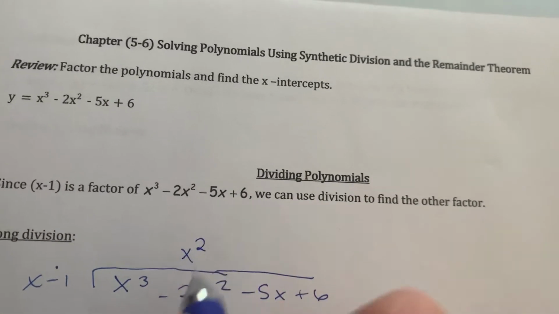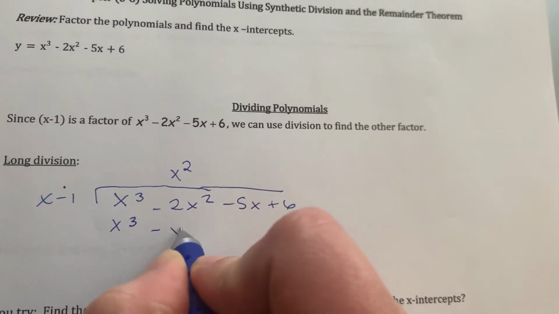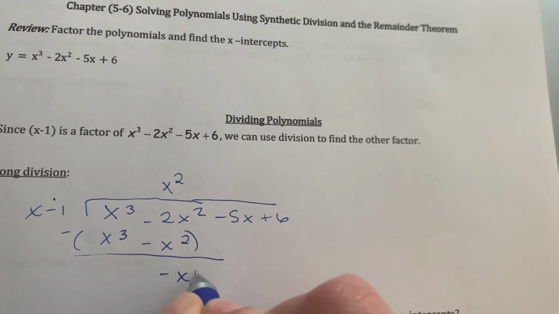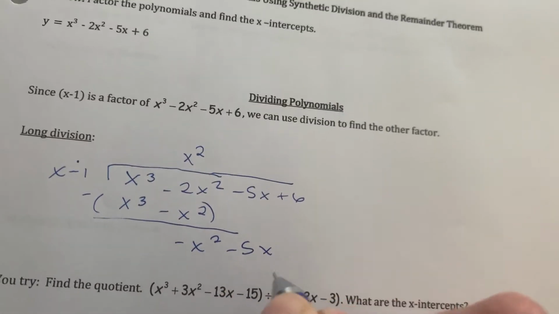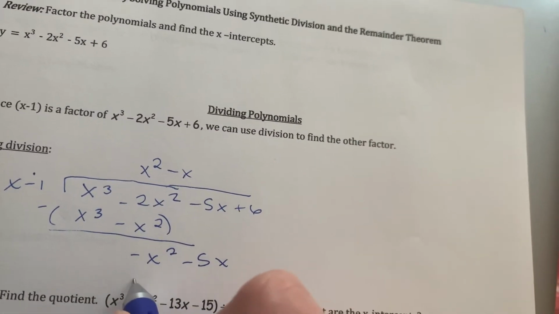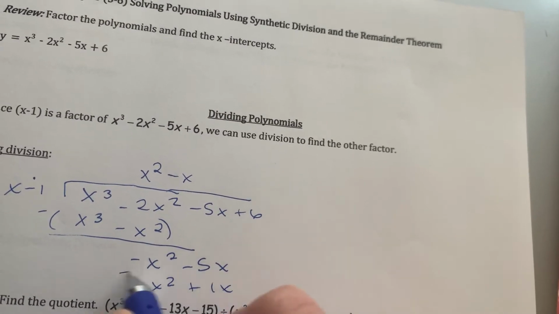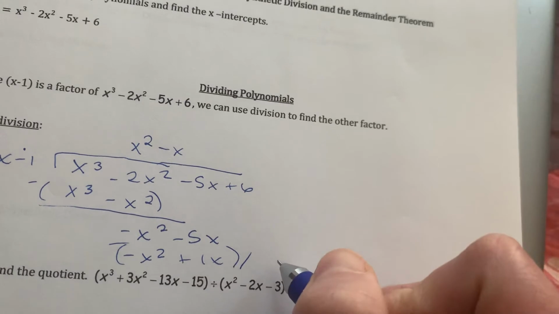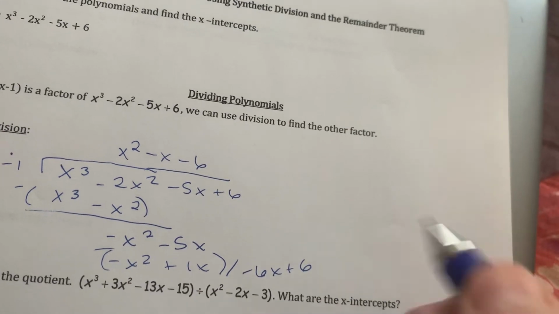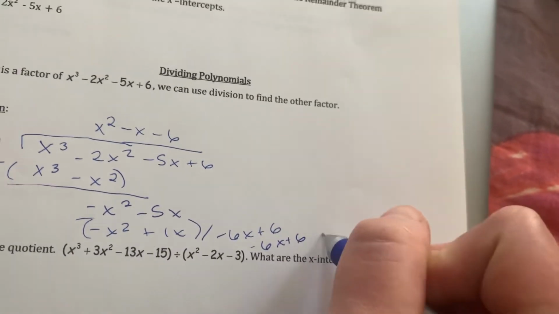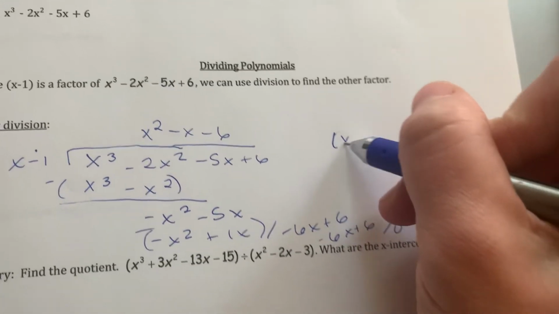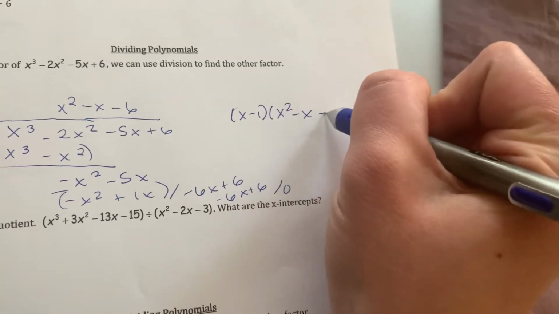And when you do long division, you will see that you'll have a remainder of 0. So this is a factor. So you'll get x minus 1 times x squared minus x minus 6.